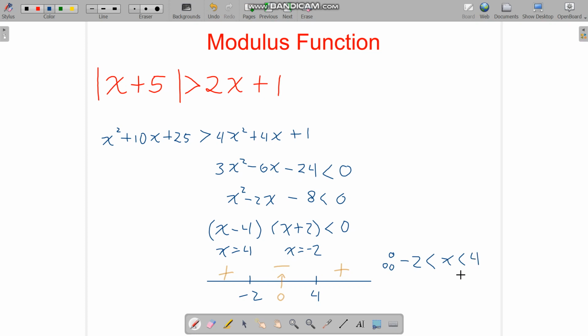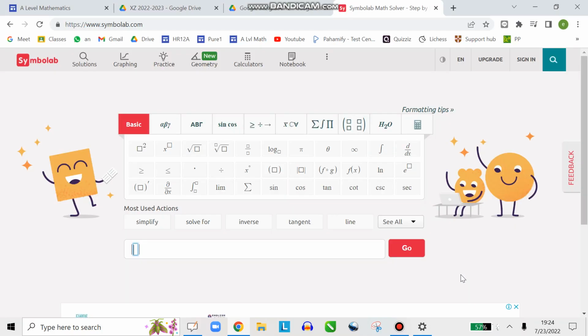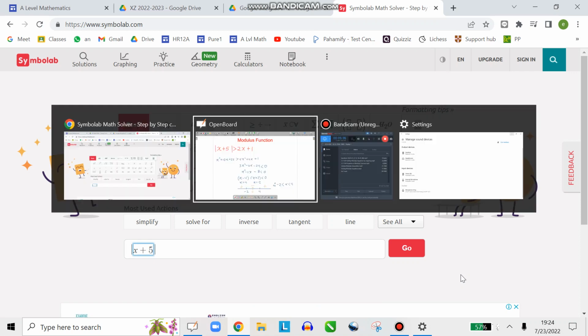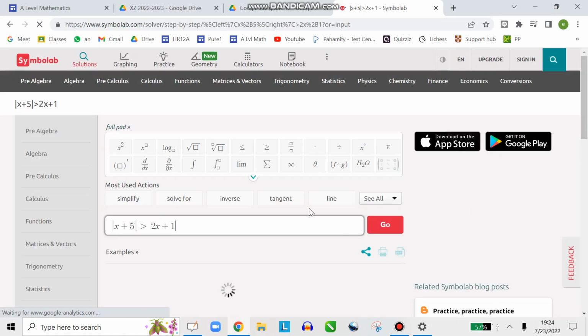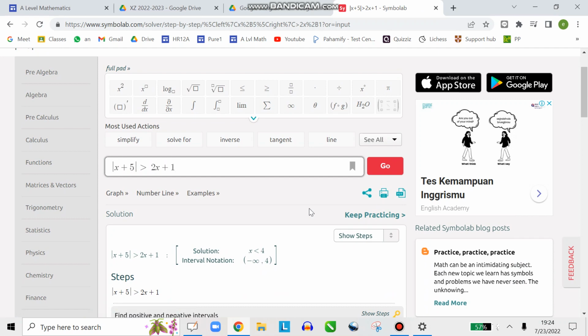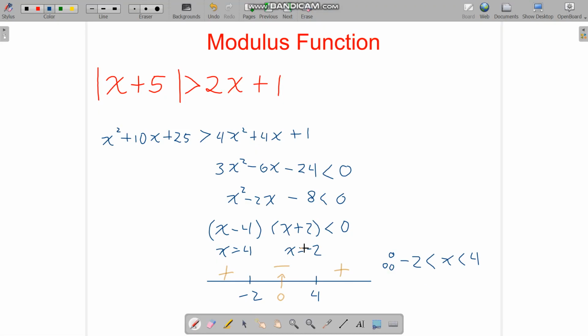Now let's check the solution here using a symbolic app. Absolute value of x plus 5 greater than 2x plus 1. Let's see the solution. It says the solution is only x is smaller than 4. So it's different from our solution here.